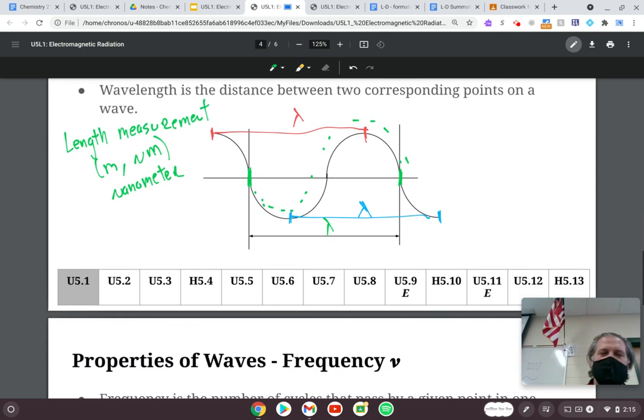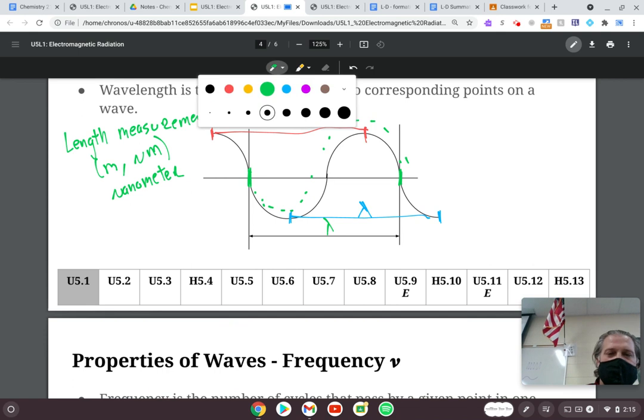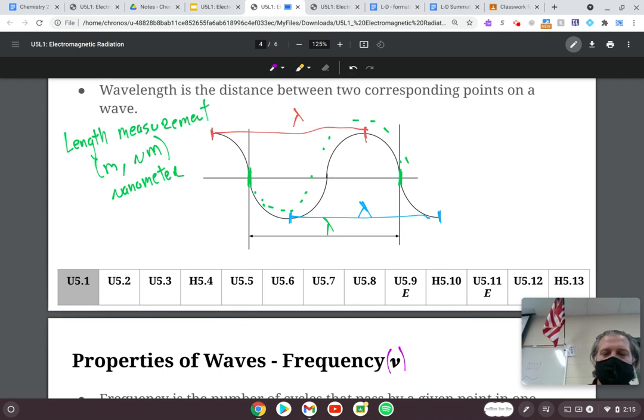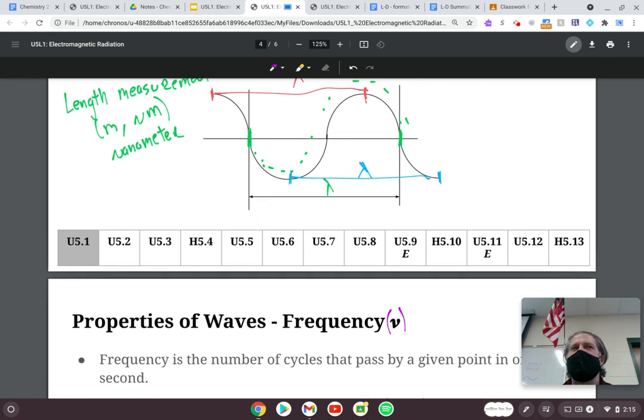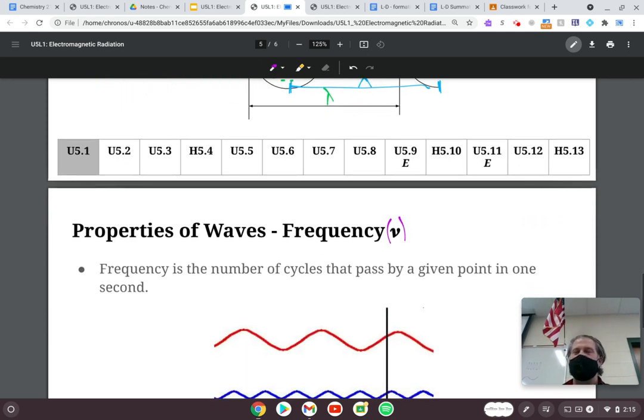Another property of wave is something that we call the frequency. And frequency is simply defined as the number of cycles of a wave that pass by a given point in 1 second.